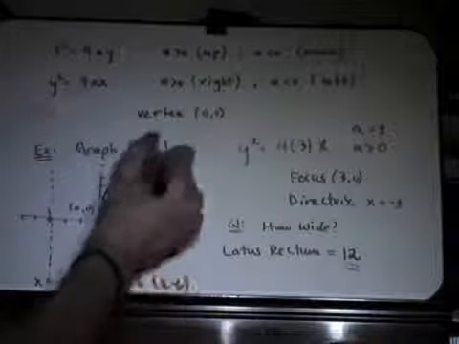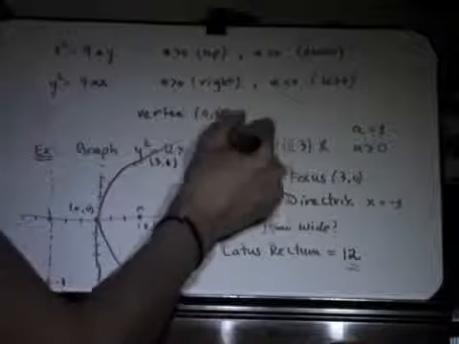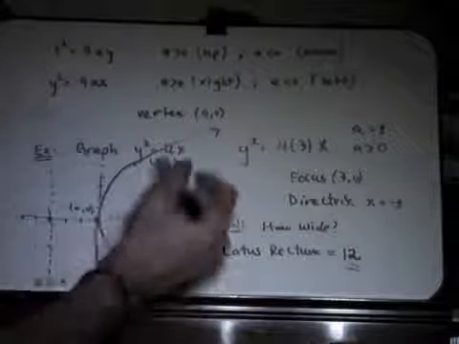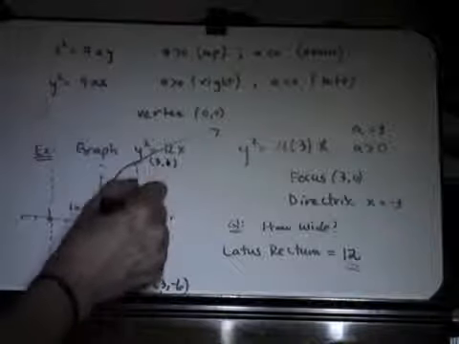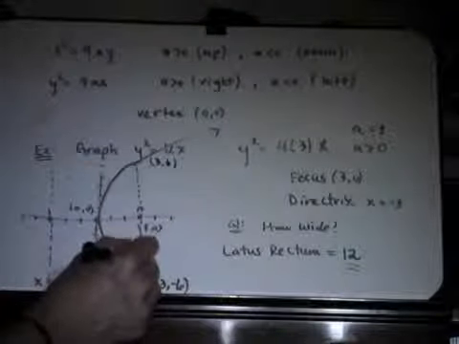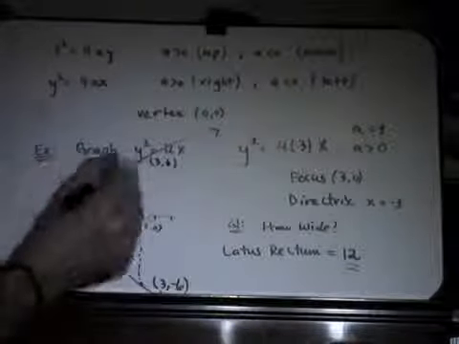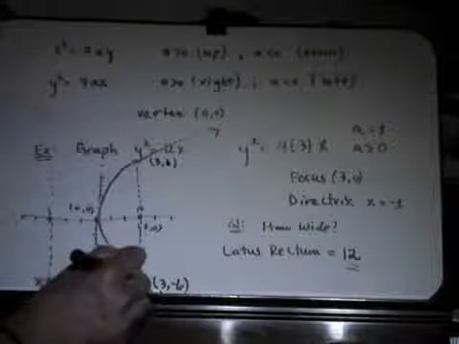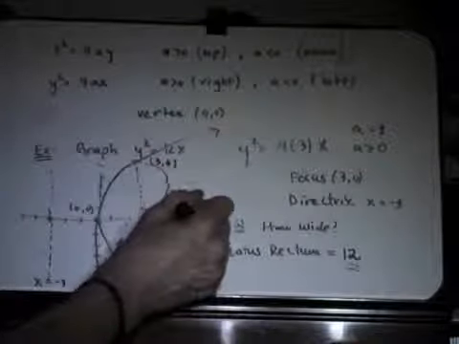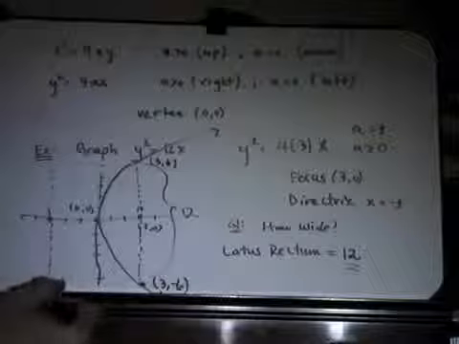Pretty wide. And then the rest of the parabola is going to come in out of that. So we do have a line segment here passing through the focal point to get me from one point on the parabola to another point on the parabola, and the length of that segment should be 4 times the a value long.